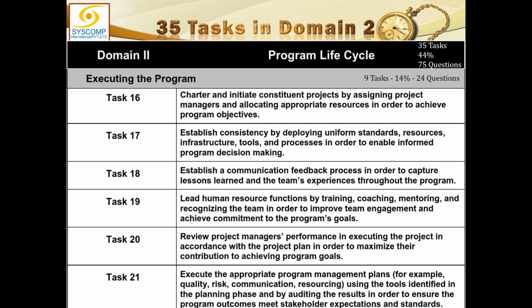So this is a set of general policies which have to be followed, and that is in alignment with the program strategy. So he will establish this kind of consistency, as if all the projects are on the same standards. They have understanding of the resources they are going to be using, the uniformity in resources, infrastructure, tools, and processes they are allowed to use. So this is basically a part of the governance.